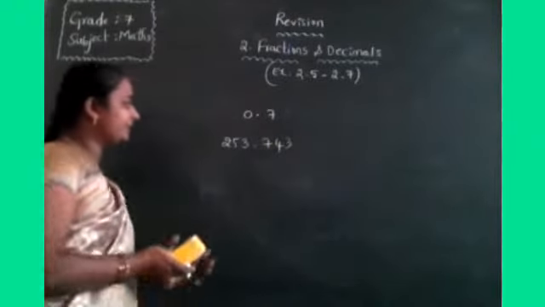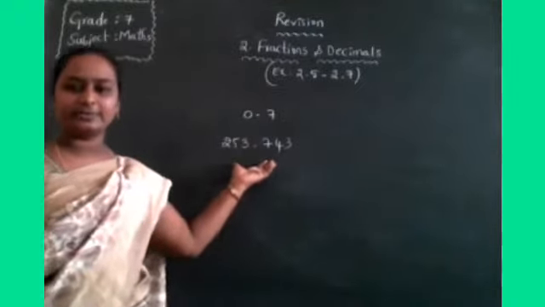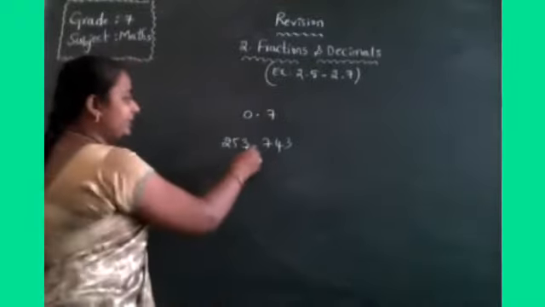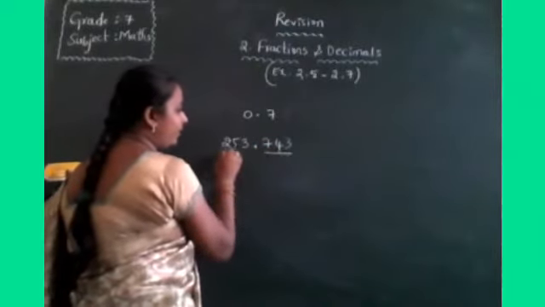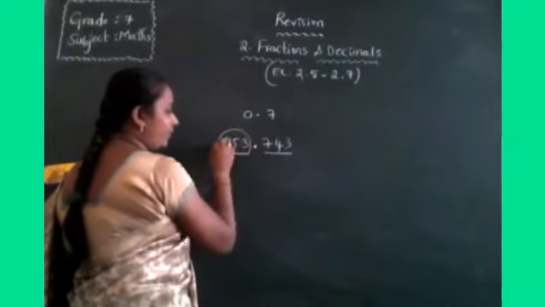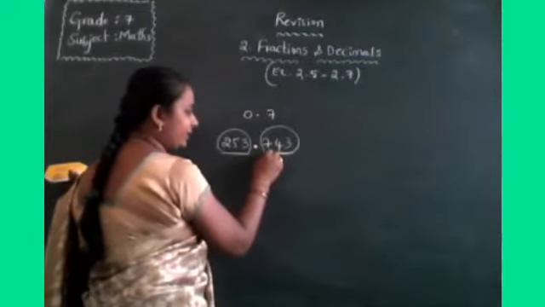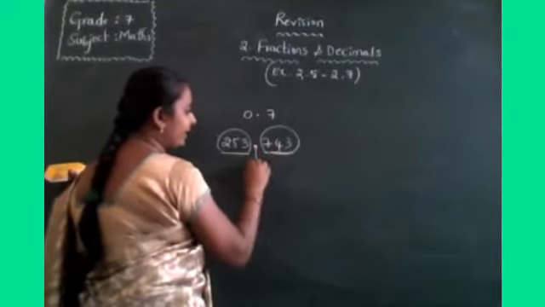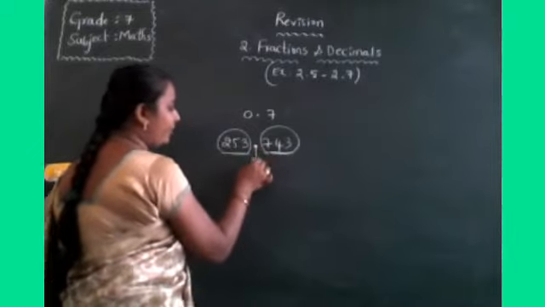Suppose 253.743. Is this number a decimal number? Yes, this is a decimal number. Why? It has a decimal point, a decimal part and a whole part. The part before the point is the whole part, and the part after the point is the decimal part. This is the decimal point.